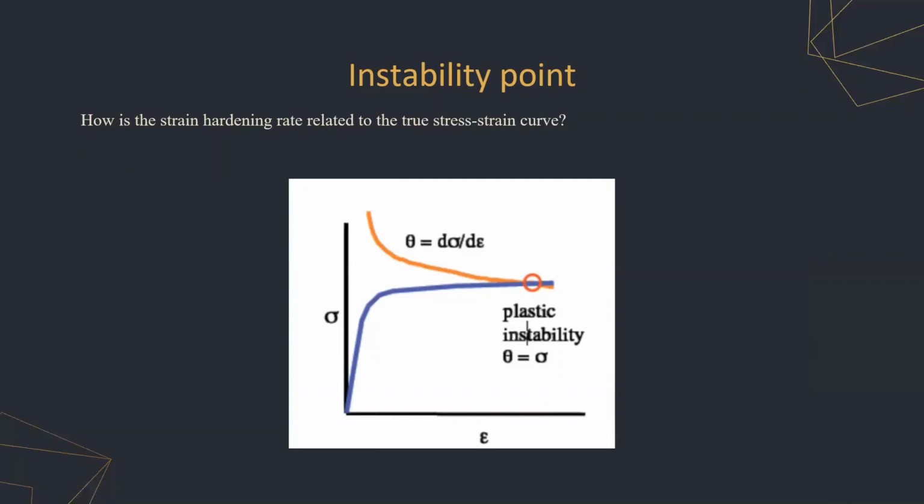hardening rate. The strain hardening rate is represented by theta, which is the derivative of the stress with respect to strain.